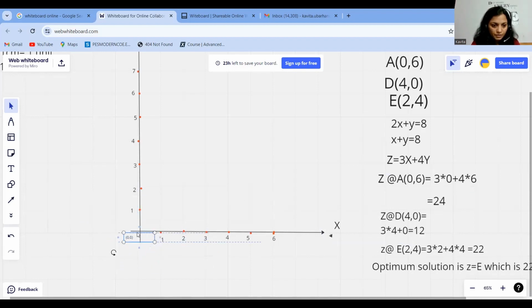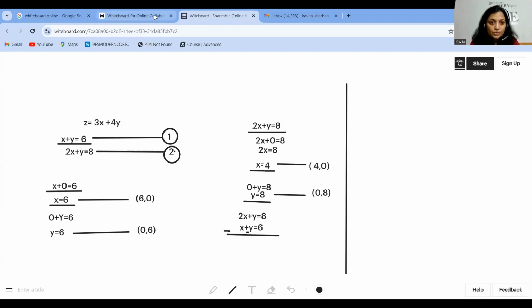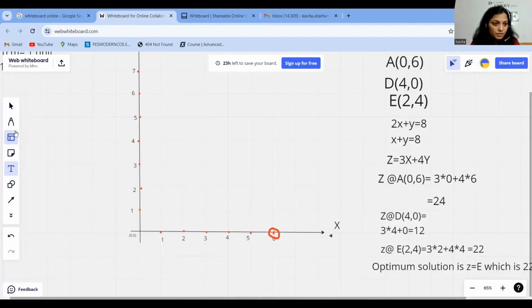So your first point is 6, 0, somewhere here, and 0, 0 is already here. And your second point on y-axis is what? It is 0, 6. Here it is 0, 6. Now we need to join these two points.